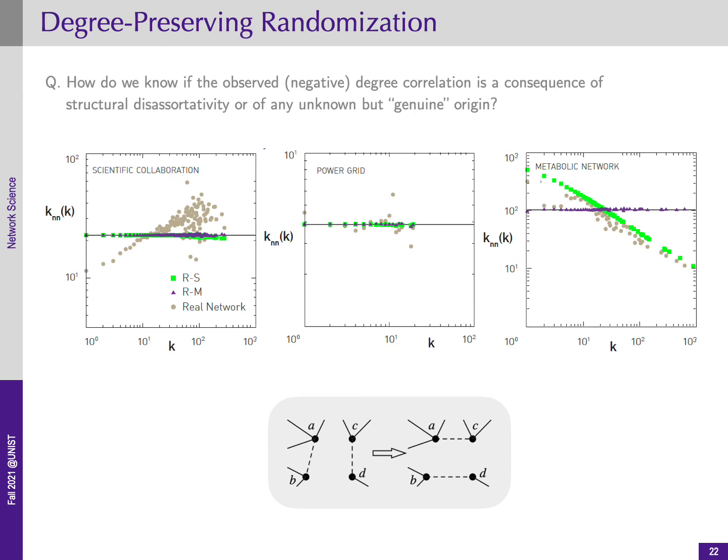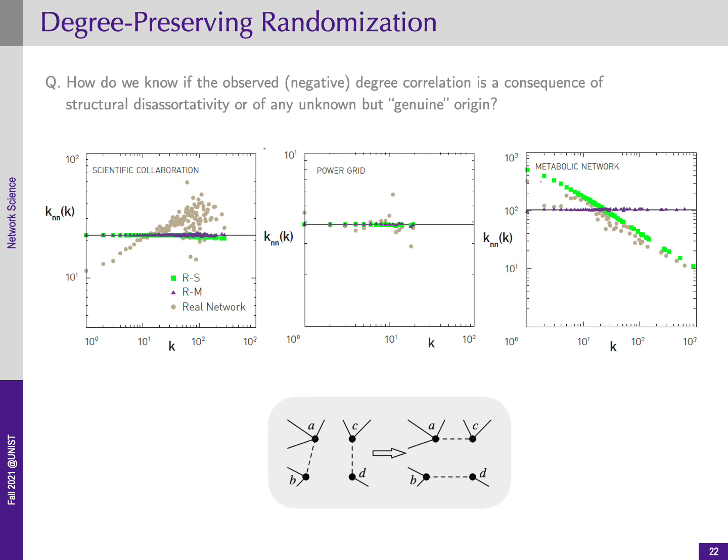Okay, but if you look at the metabolic network, the biological network, it showed a negative correlation, disassortativity, originally, right? And after randomization, from these yellow and green squares, you still see negative correlation.